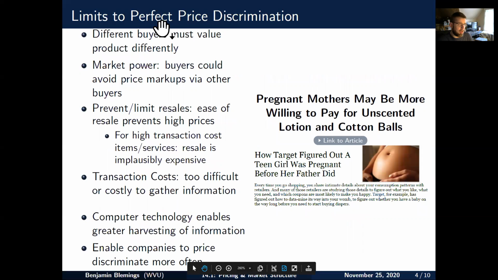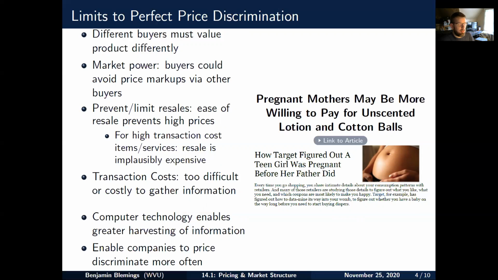And there are limits to perfect price discrimination. If you're wondering why businesses don't do it all the time if it's the best for them, one thing is that different buyers have to value the product differently. If everyone values the product the same, then perfect price discrimination is not any different than perfect competition. Firms also have to have market power, because if they don't, buyers can just avoid the markups from price discrimination and go to other sellers.